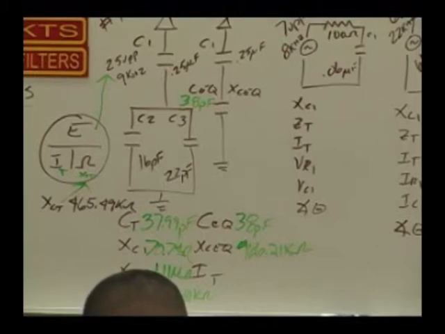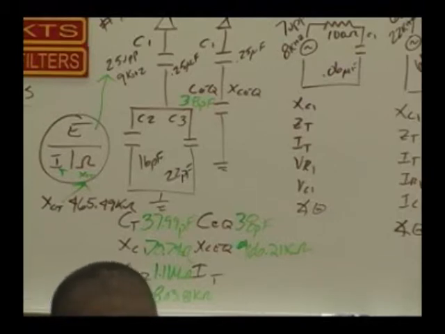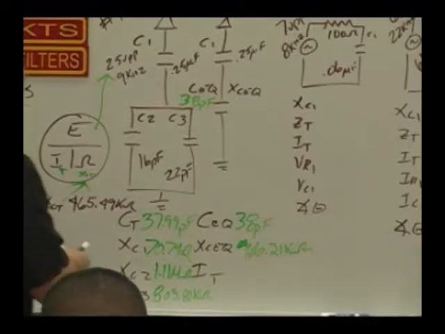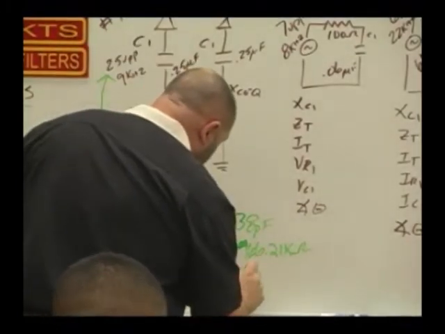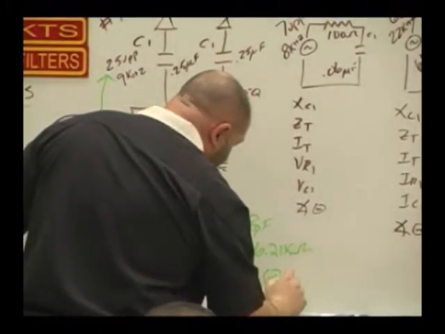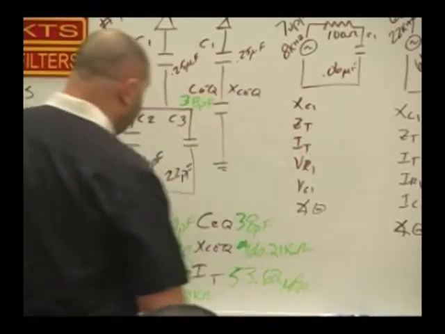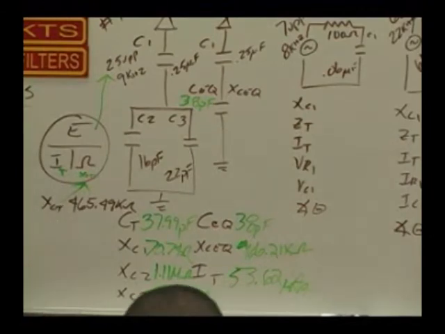Those of you who are still having notational problems, you need to pay attention when you're plugging these values into your calculator. 53.71 micro. 53.71 microamps. Okay, so some of you need to get with it.